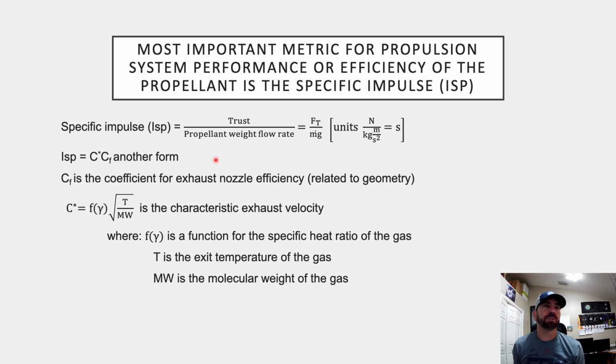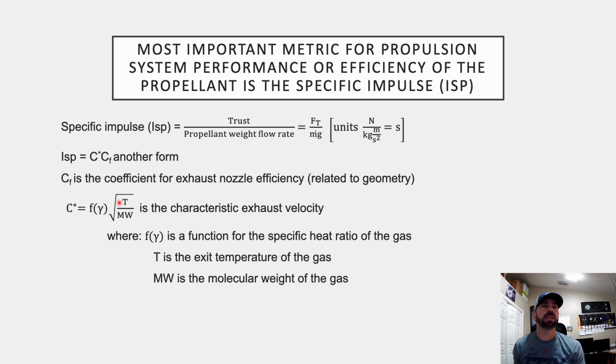Another relation for specific impulse is by coefficients, where CF is the coefficient of the exit nozzle efficiency, and it's basically related to the nozzle design or nozzle geometry, and C star is the characteristic exit velocity, where this term is the specific heat ratios of the gas.